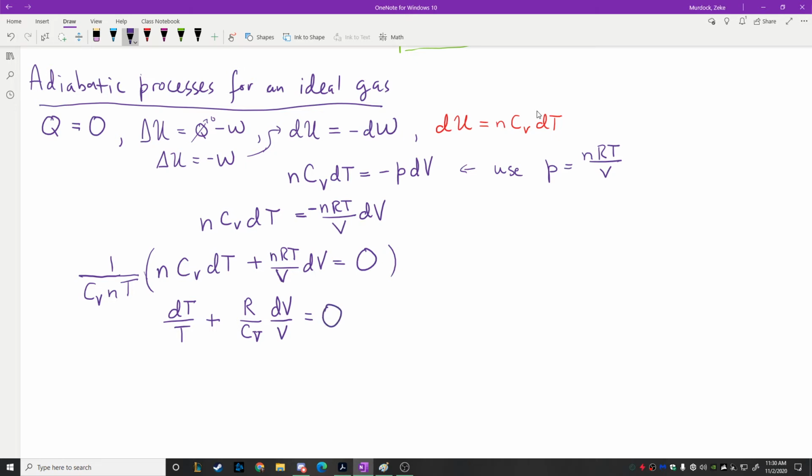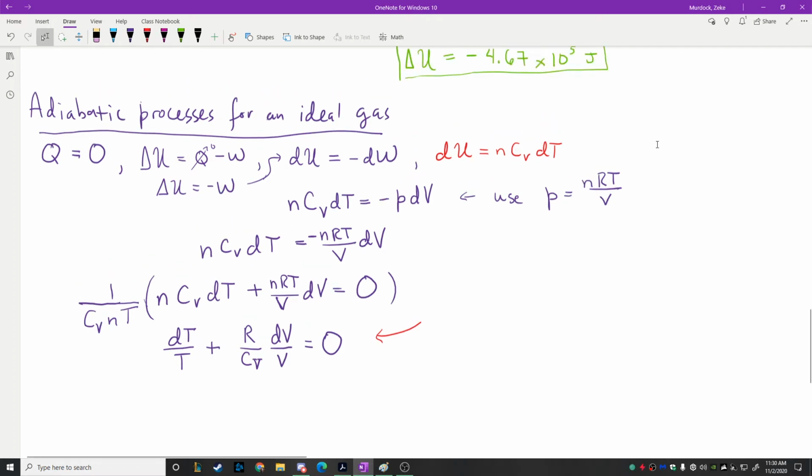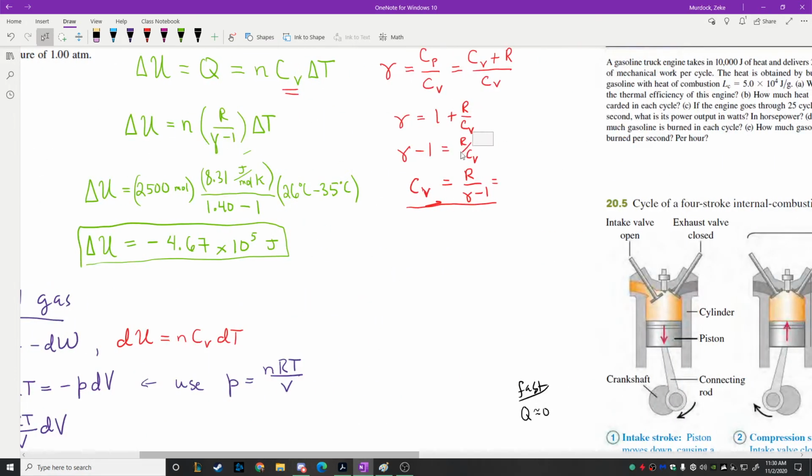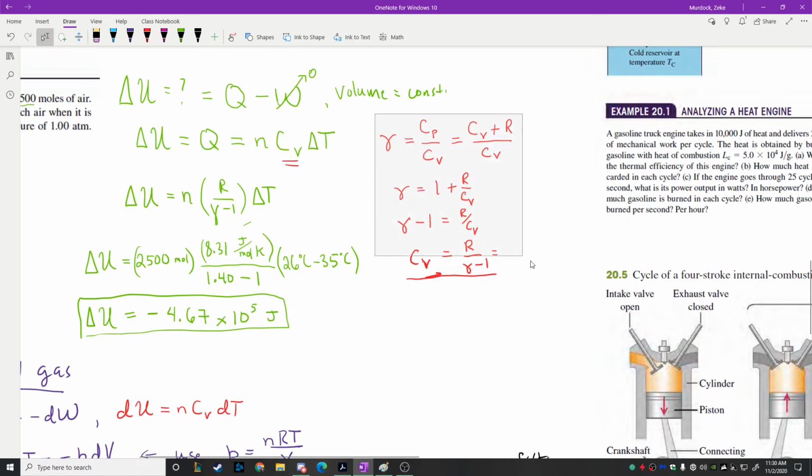Okay. And I'm just going to say one thing here as an aside, as we're doing this derivation investigating the adiabatic process for an ideal gas: what's R over CV equal to? I think we used that in the last problem, right? Right here. We proved that by going through this process, we only really need up to this point.